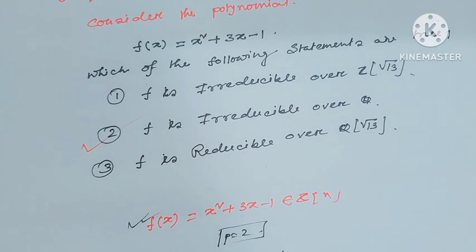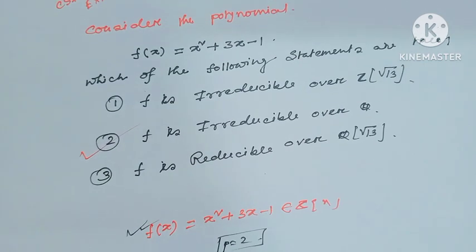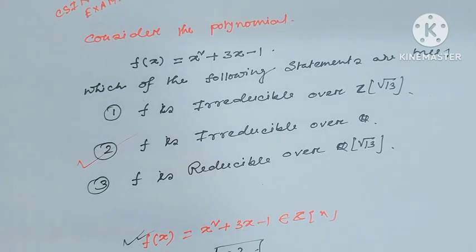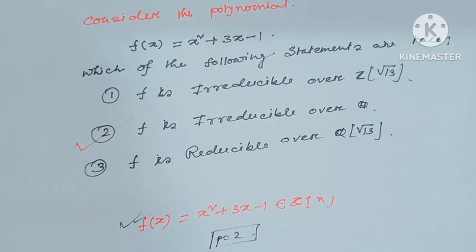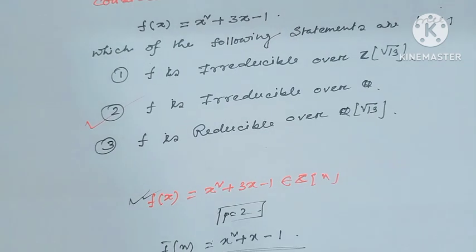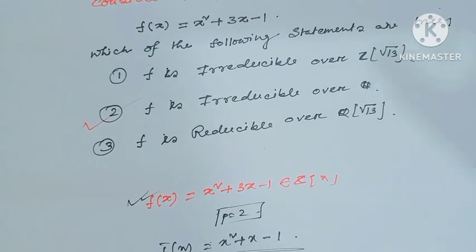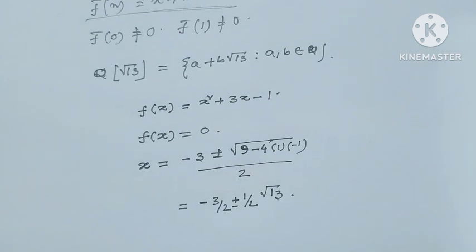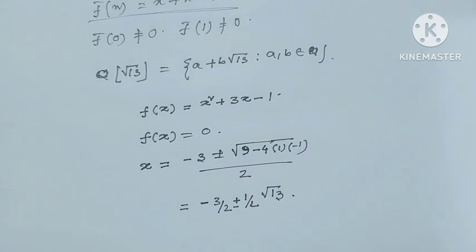And option 1 and option 3: notice option 1 says f is irreducible over Z[square root of 13] and option 3 says f is irreducible over Q[square root of 13]. Next, f(x) equal to x square plus 3x minus 1.